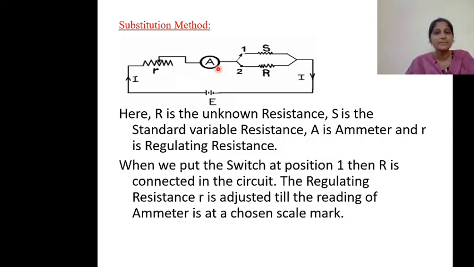S is the standard resistance dial. Whatever resistance is indicated to make the current 1 ampere is the unknown resistance. That is, you are substituting the resistance S in place of R, so the value of S will indicate the resistance of R. That is the substitution method.